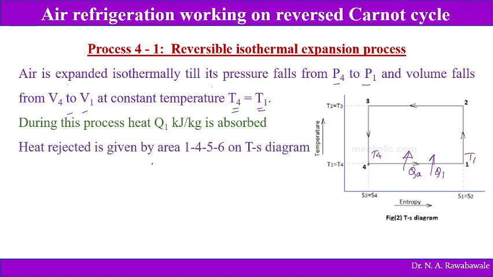The heat absorbed is given by the area below this line 1 to 4. This area gives us the amount of heat absorbed, which we can call the desired effect. The desired effect is nothing but the amount of heat removed from the body at a lower temperature. This is the temperature, say T1. The vertical distance from 4 to 5 is T1, and the width is S1 minus S4.